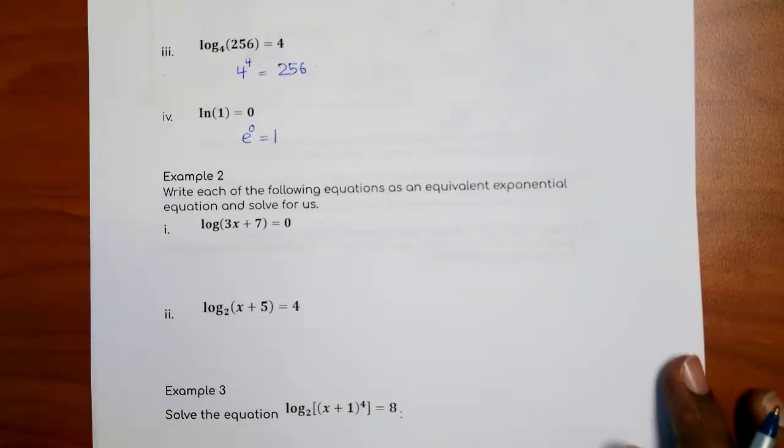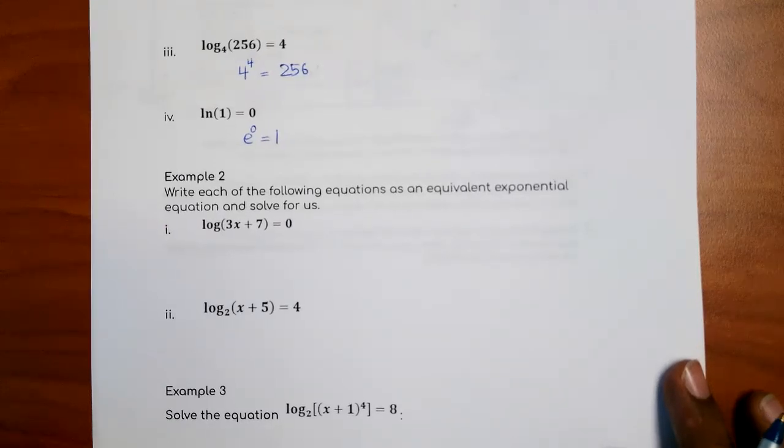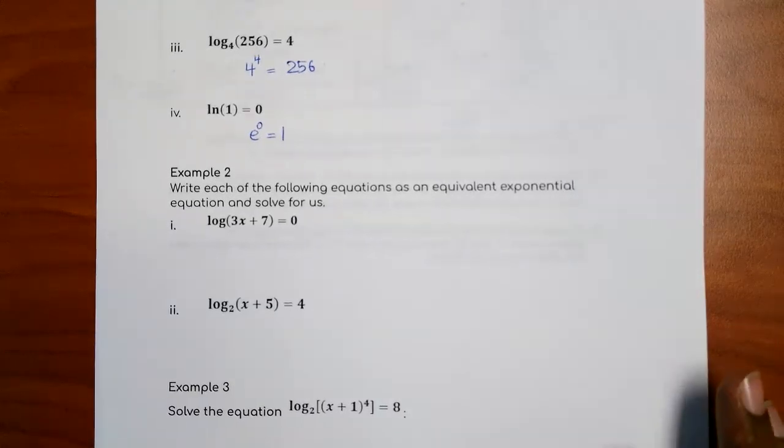Let's do example 2. Write each of the following equations as an equivalent exponential equation and solve. There may be a typo, but anyway. So what we do is, first of all, we see that we have a log term on one side, and can we change the other side into a logarithmic form?